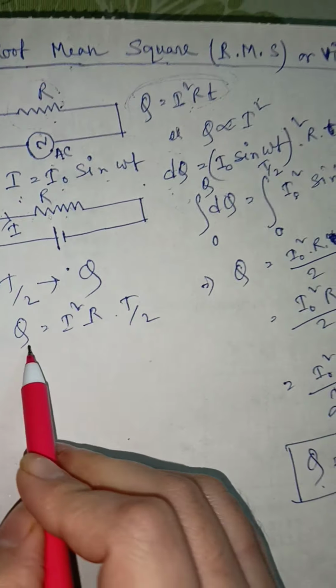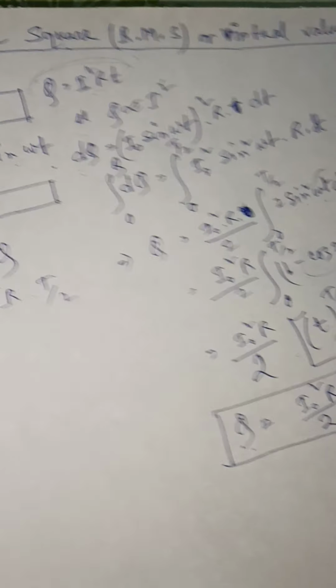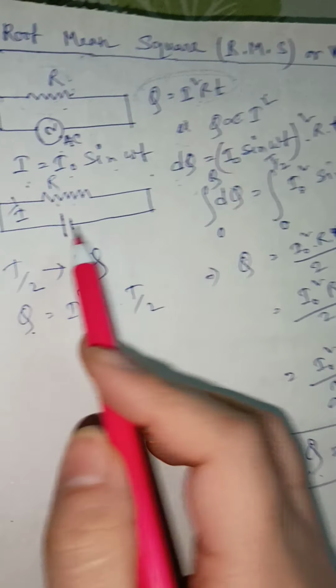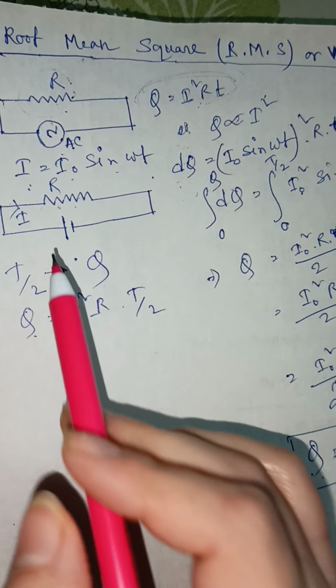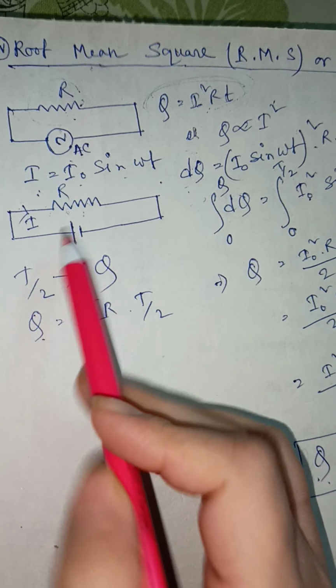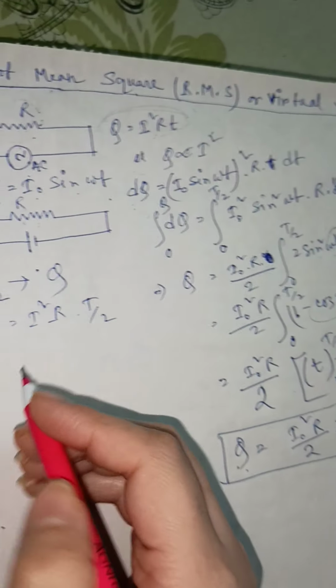Now this heat will be equivalent to this heat, because I am taking such a DC source which produces the same amount of heat within this time interval.